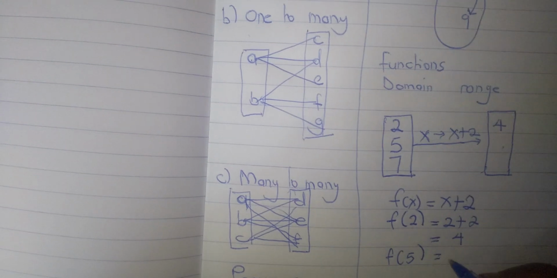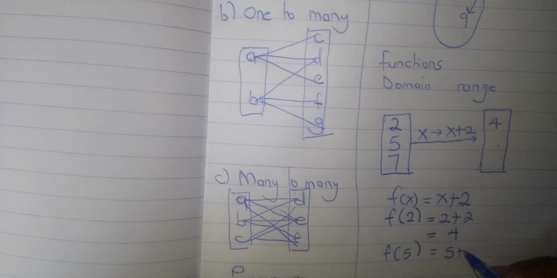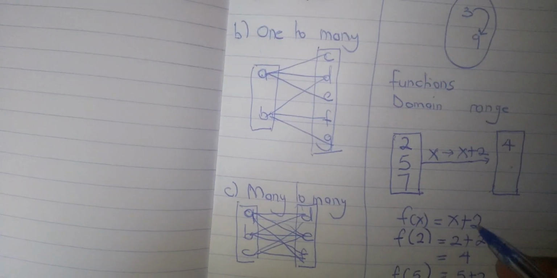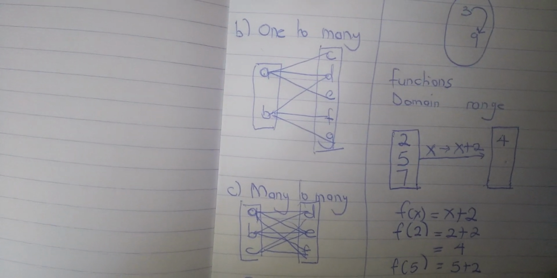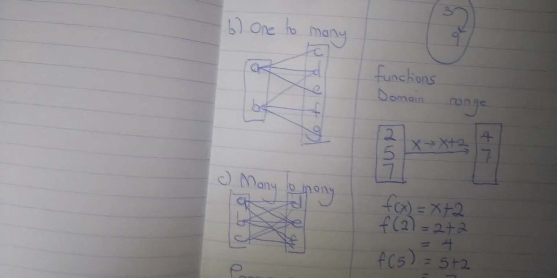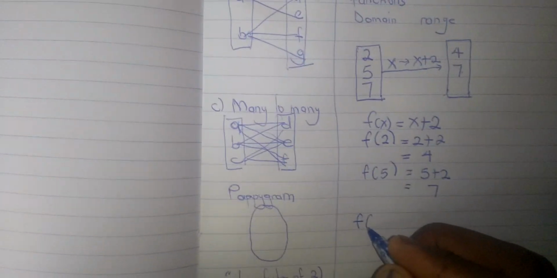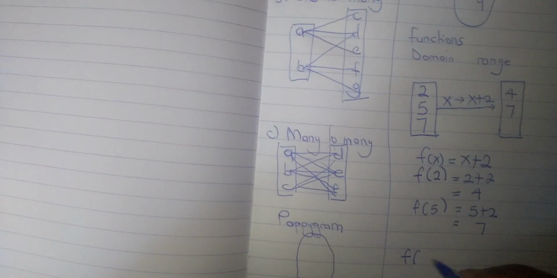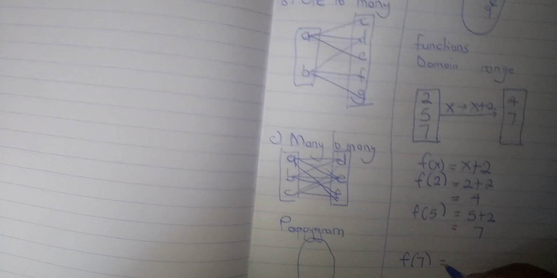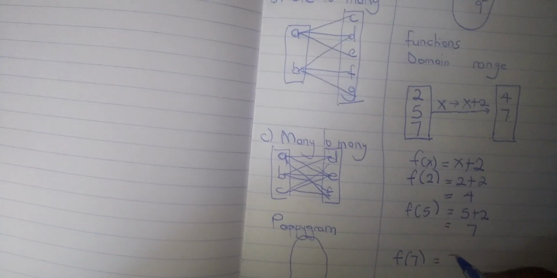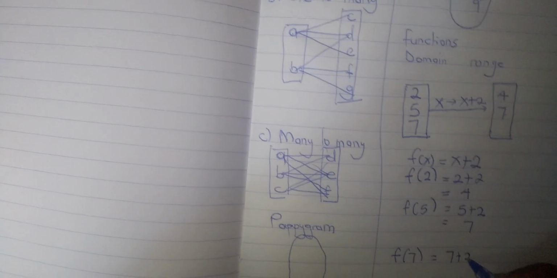Where there is x, we put 5 plus this 2 which is already there in the expression. This will give us 7, we put it there. Then we can look at f of 7, where there is x we put 7, 7 plus 2.